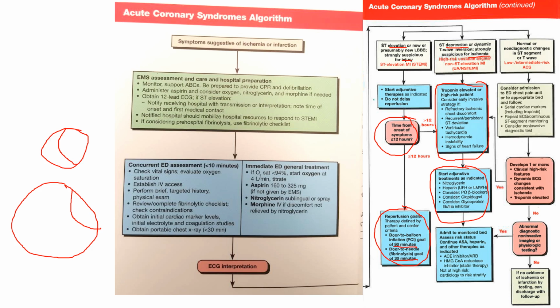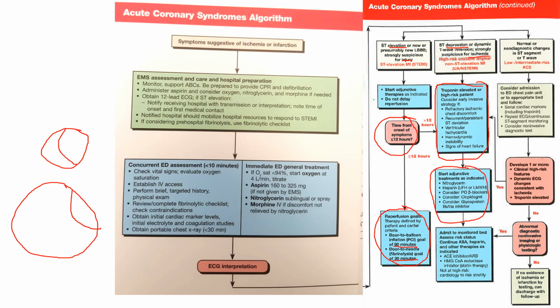Consider clopidogrel, another type of blood thinner, similar to aspirin. Also consider glycoprotein IIb/IIIa inhibitors. Those are other things that stop the clotting cascade, stop clots from occurring. Why? Because this person has ischemia. They've got something blocking things off.